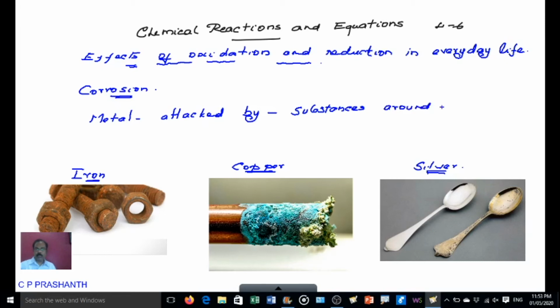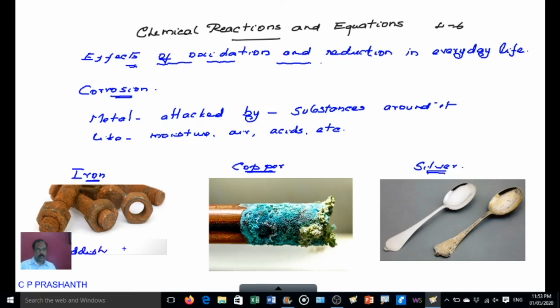So the substance which is formed after corrosion depends on what is present in the atmosphere.